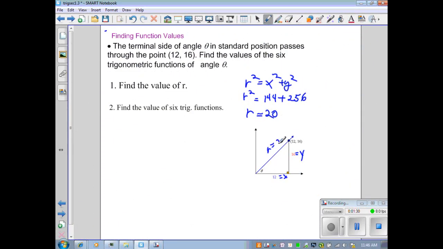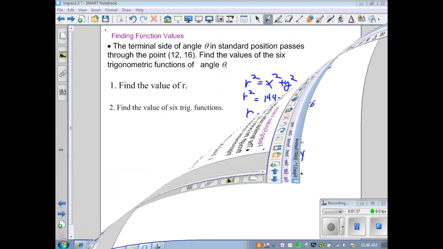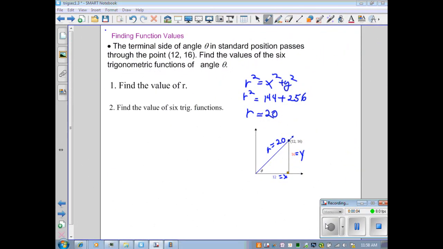That gives me the three values of the triangle I need to know to solve for the 6 trig functions. So let's proceed and solve for those 6 trig functions. From the previous slide, we know the definition of the trig functions, so let's continue. Sine of theta is y over r, which will give us 16 over 20. When we simplify, that'll give us 4/5. Cosine of theta is x over r.